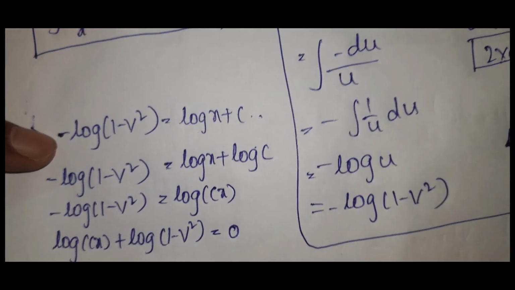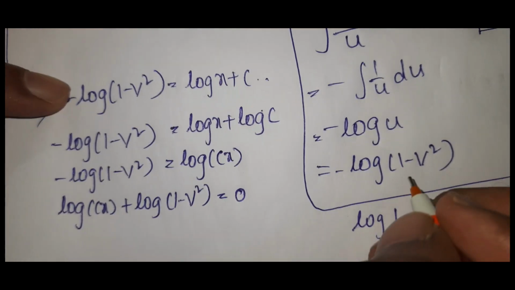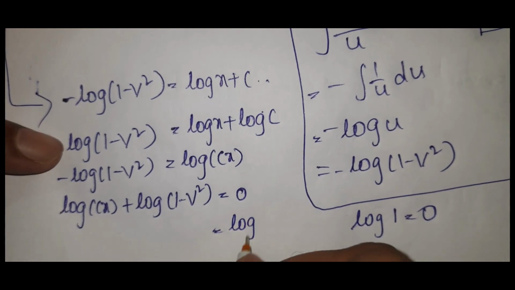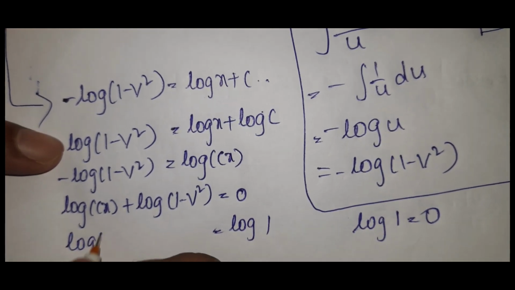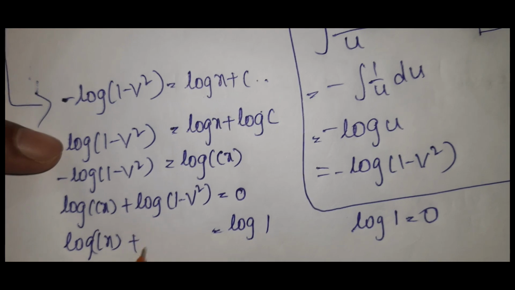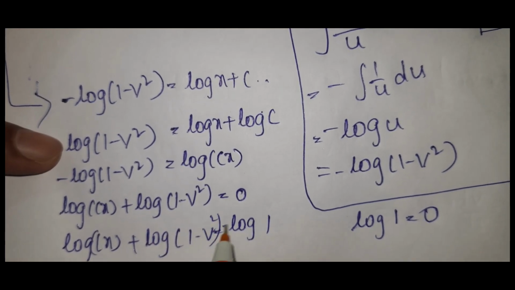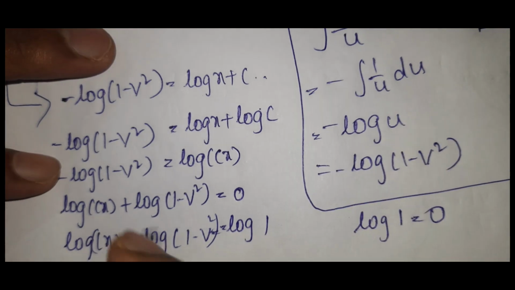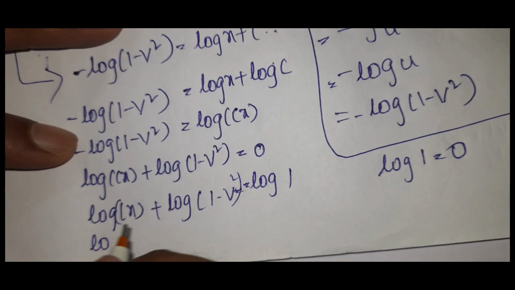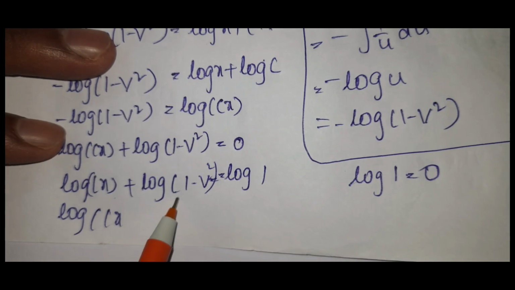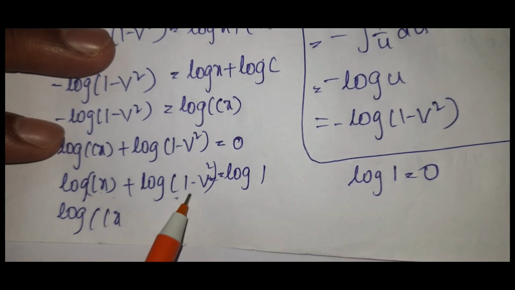0 can be written as log 1, since log 1 is nothing but 0. So replacing it with log 1, log cx plus log of 1 minus v square is equal to log 1. This is an addition, nothing but cx multiplying with 1 minus v square.